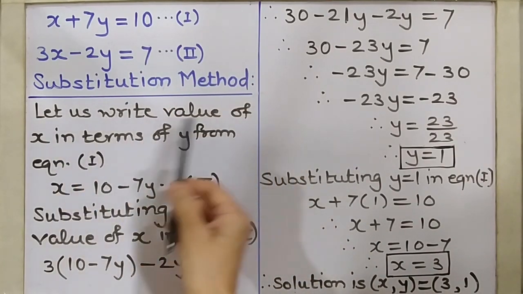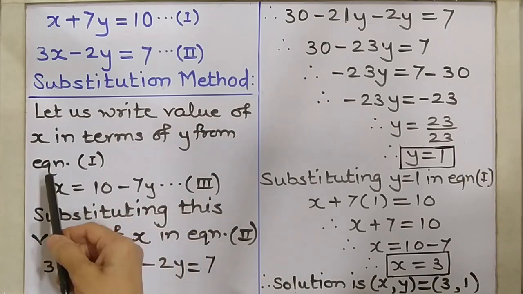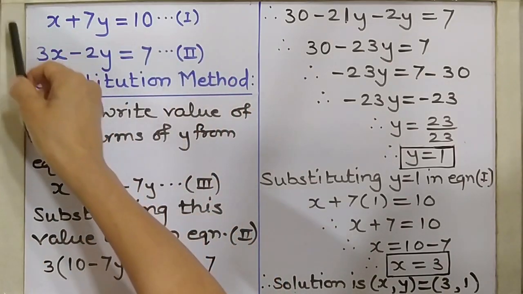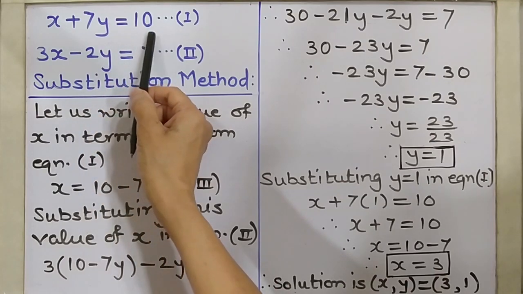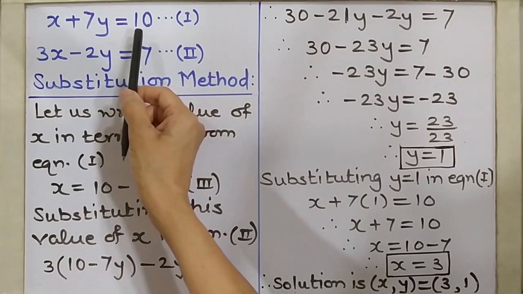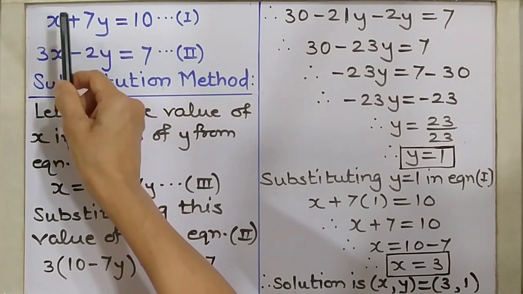Let us write the value of x in terms of y from equation 1. Equation 1 is x plus 7y is equal to 10. We'll write the value of x in terms of y.